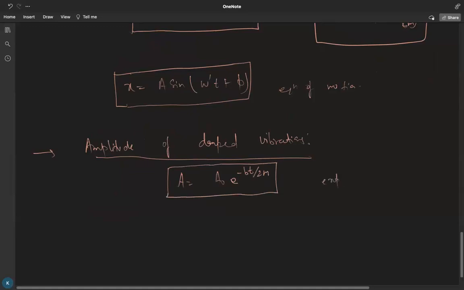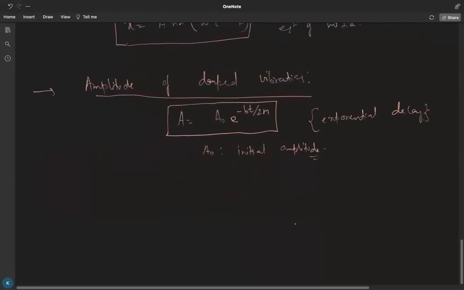This is also called exponential decay, right? I hope it will be clear to all of you. Let me mark it here: our A naught is the initial amplitude.